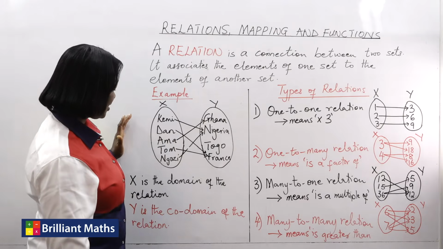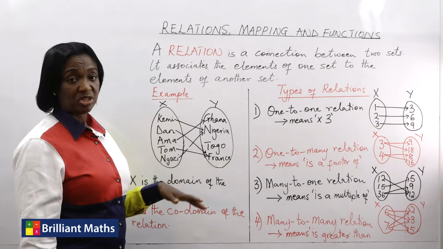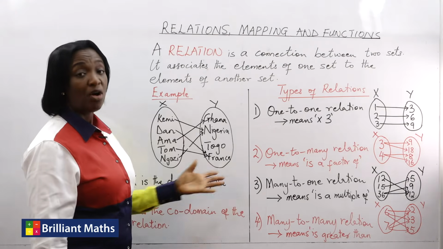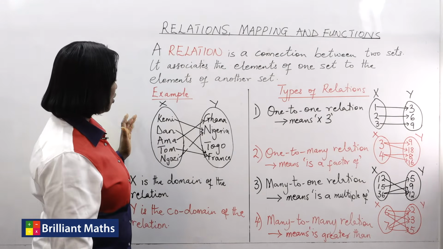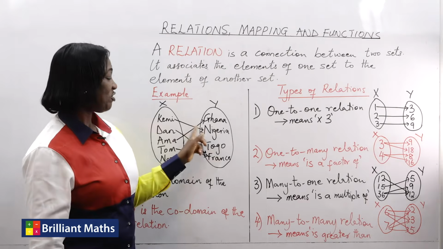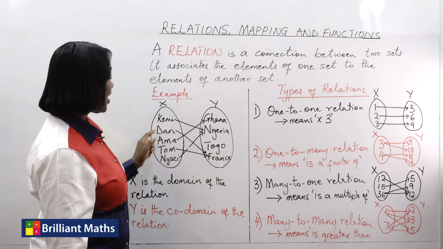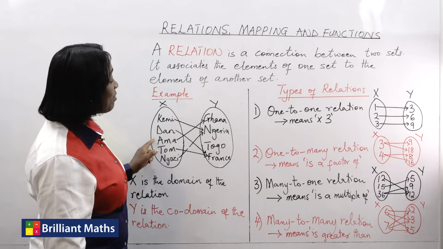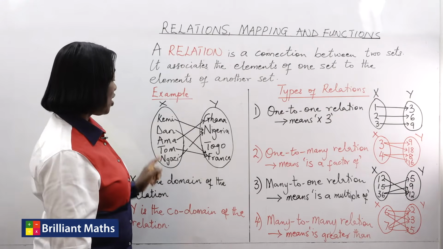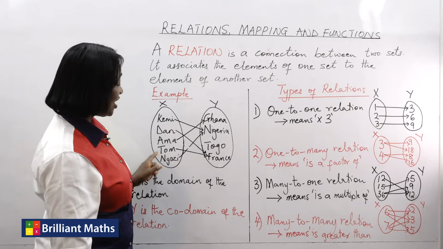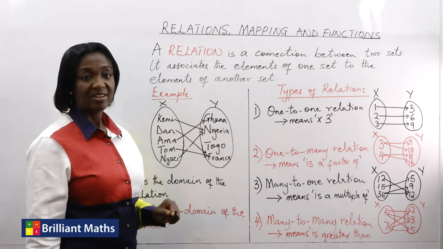The set X is the domain of the relation, and the set Y is the codomain of the relation. So from the diagram we have on the board, Kemi is from Nigeria, Dan is from France, Ama is from Ghana, Tom is from France, and Ngozi is from Nigeria.